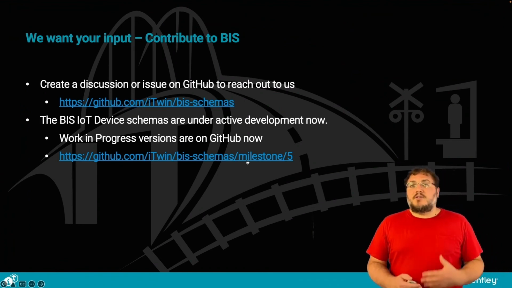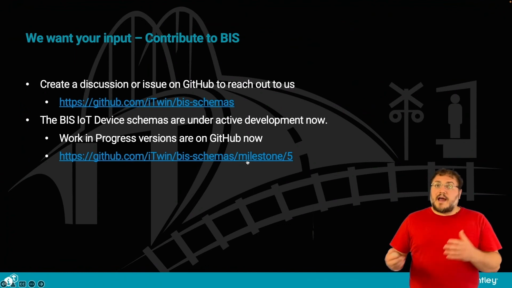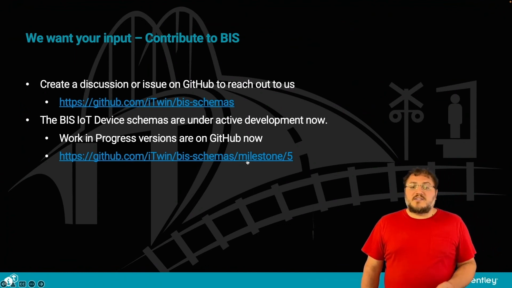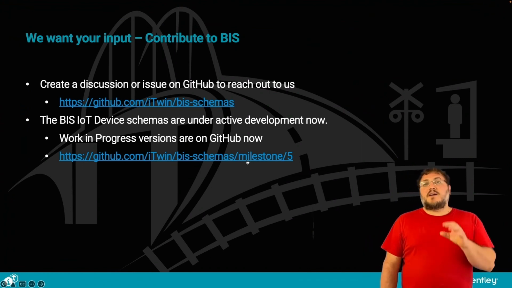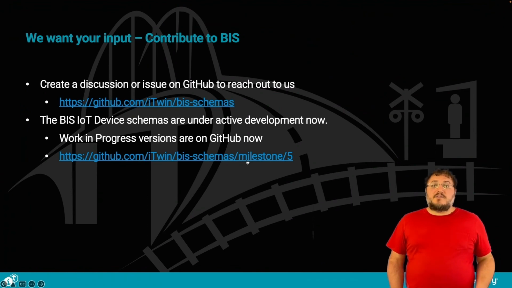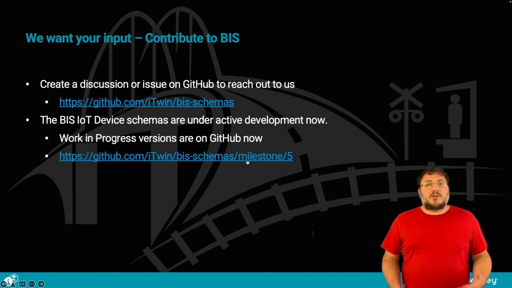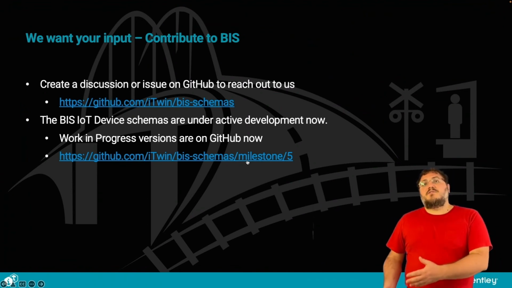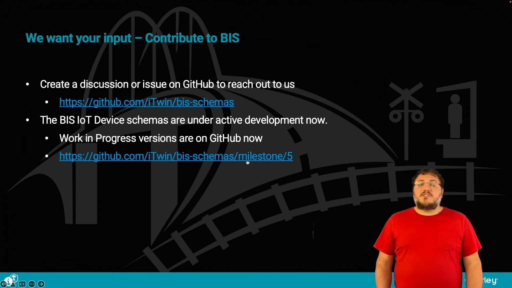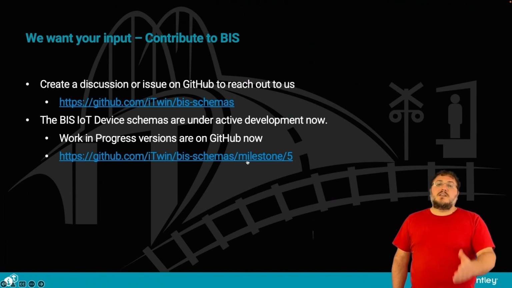So this lets you build integrated experiences where you're pulling IoT data live into a digital twin. This is work in progress now. We've got a milestone out there. We've got some pull requests out there with work in progress schemas. And we really want to hear your feedback. We've brought it to people internally who work on IoT. We've done collaboration with some external sources privately, but we'd really like to do more out in the public. And so we'd love your input.